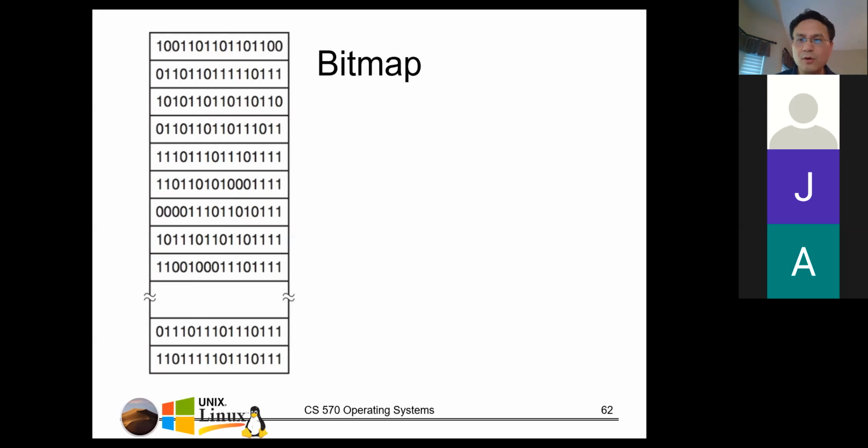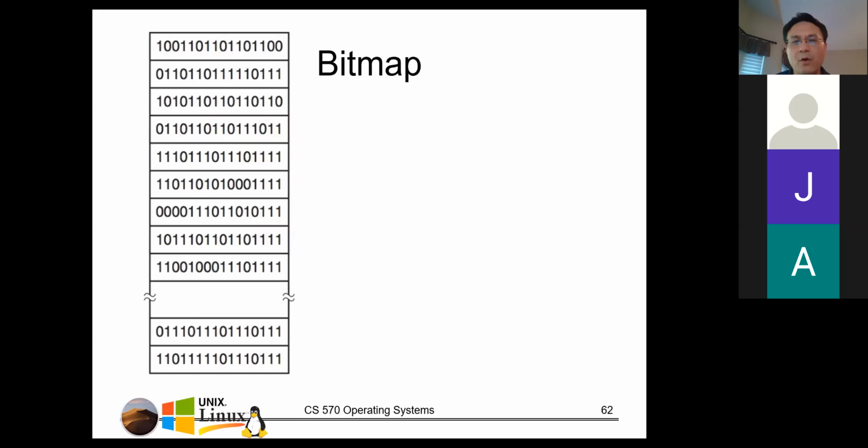In the bitmap scheme, it tracks the block availability for each individual block. Similar to what we learned from memory management, a bitmap could also be a very effective way to track free blocks of storage.